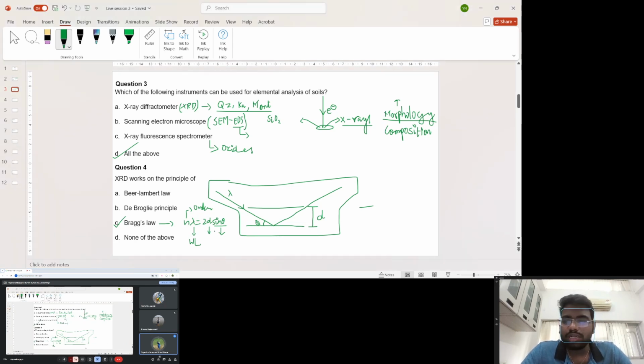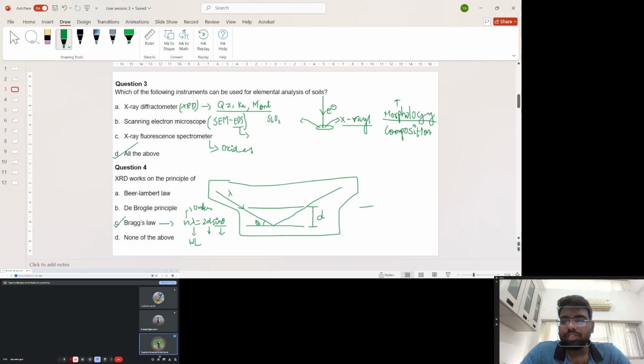So coming to the other laws, de Broglie's principle is the dual nature of light, so that is not at all related. Lambert's law is utilized in spectrophotometry. You might have come across this in your environmental engineering courses.